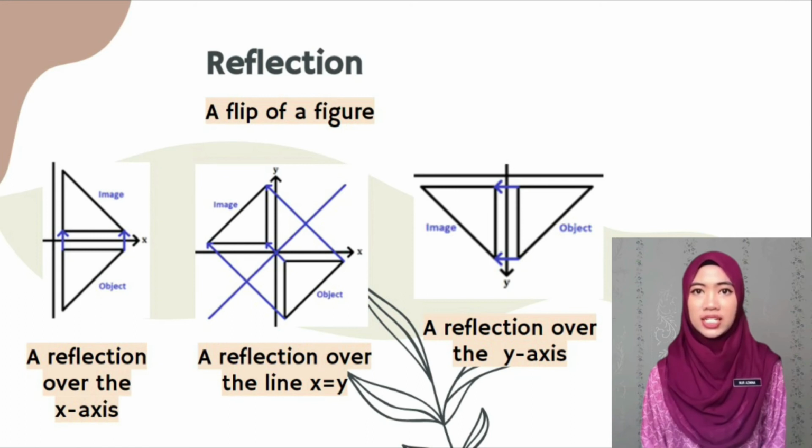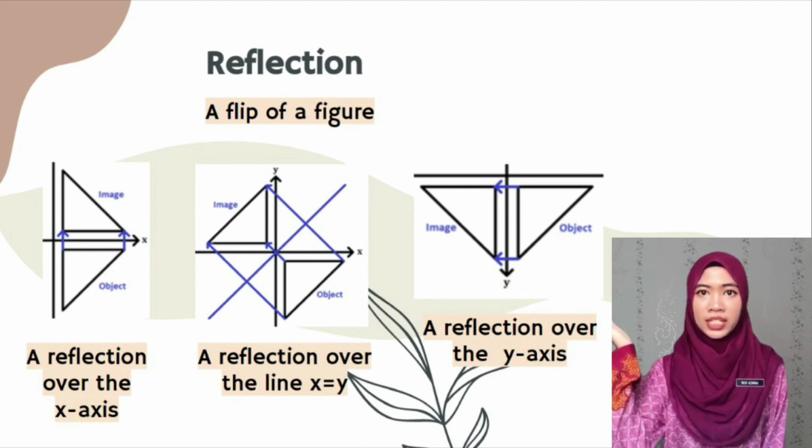A reflection is a transformation representing a flip of a figure. When reflecting a figure in a line or in a point, the image is congruent to the pre-image. A reflection maps every point of a figure to an image across a fixed line. The fixed line is called the line of reflection.